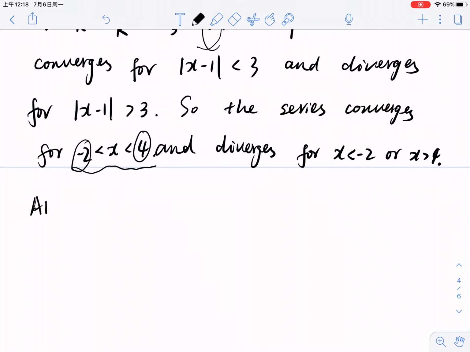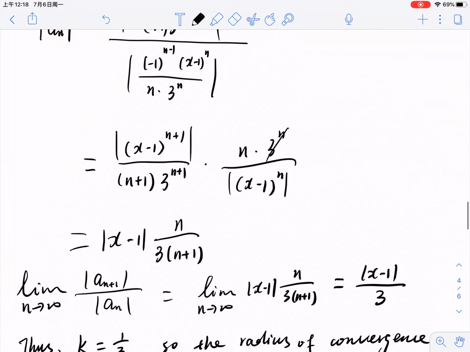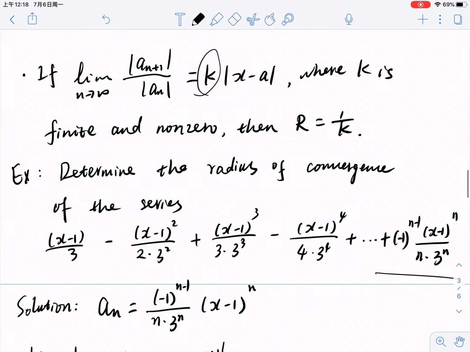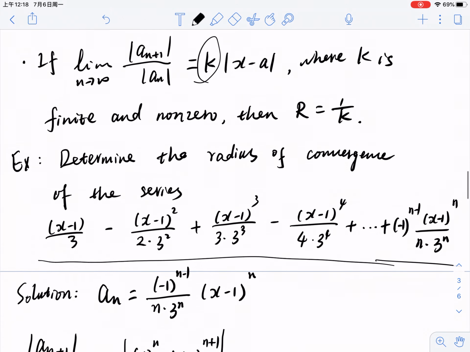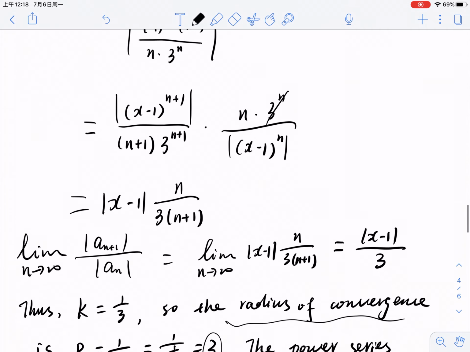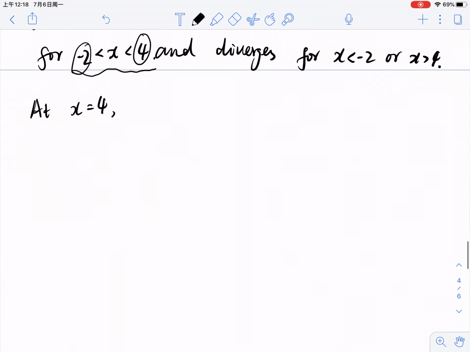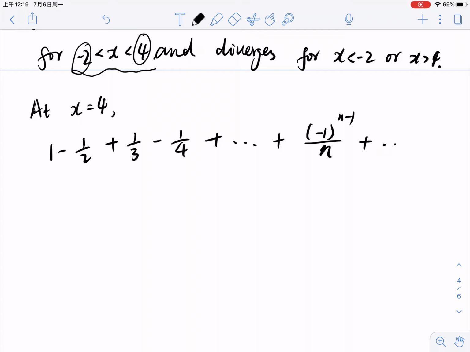At x = 4, the series becomes 1 − 1/2 + 1/3 − 1/4 + ... + (−1)^{n−1}/n.